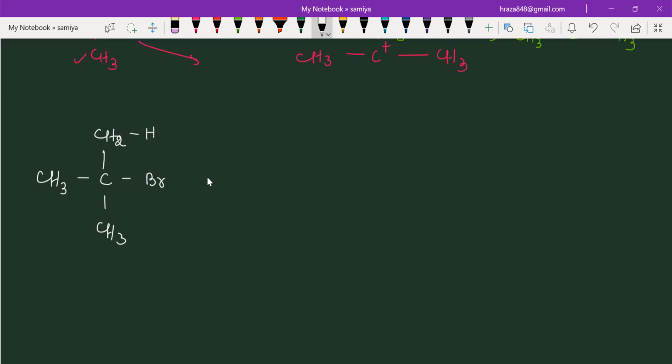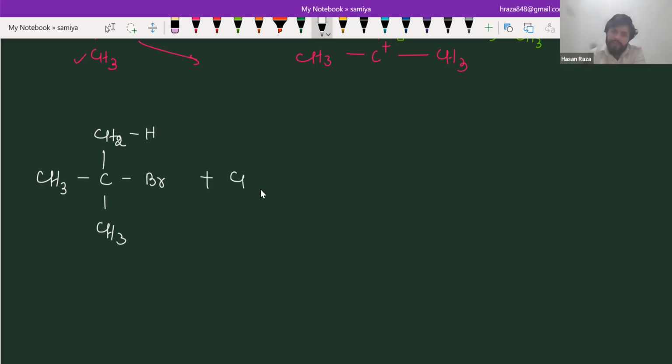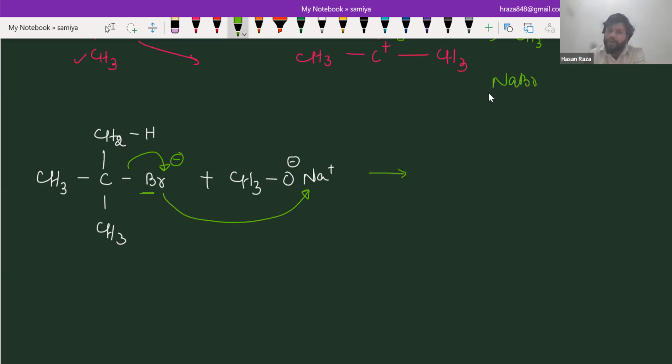Yes, sir. Now we have basically CH3O negative and there is Na plus. Now what will happen? Bromine is more electronegative than carbon. It will be eliminated. And you can see this has a negative charge. So bromine will go with sodium and it will be eliminated as a byproduct and forms NaBr.